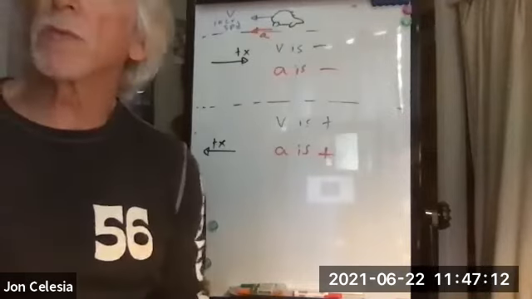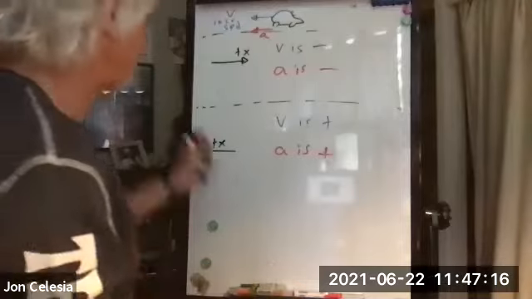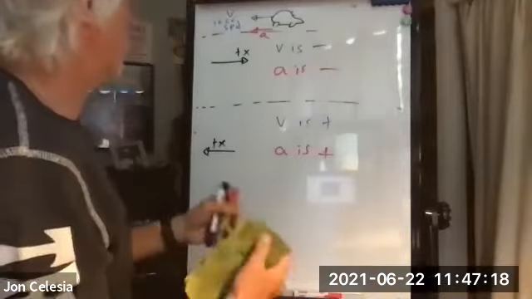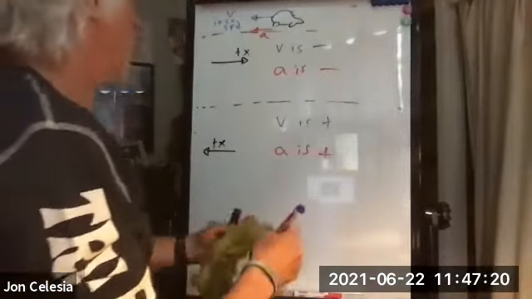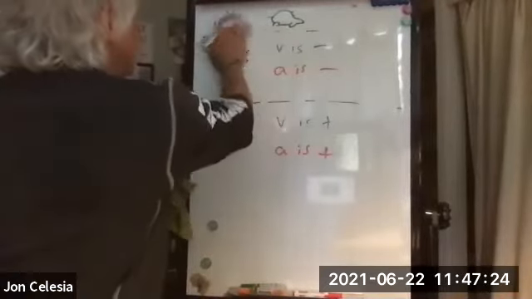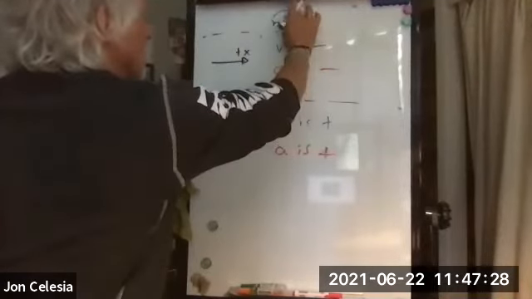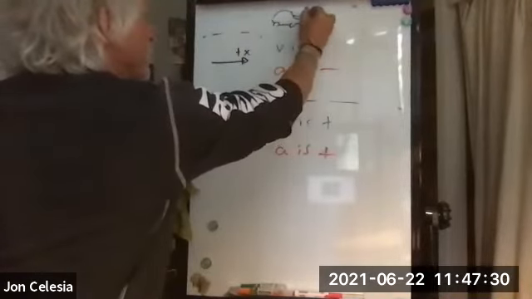Let's try. We only have 2 more cases, then we can hit this example. All right, cool. Let's go back to traveling to the right. This avoids so much confusion.